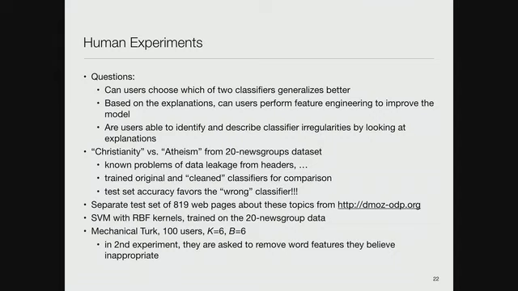They then also did a bunch of human experiments where they said, okay, we're going to ask users to choose which of 2 classifiers they think is going to generalize better.